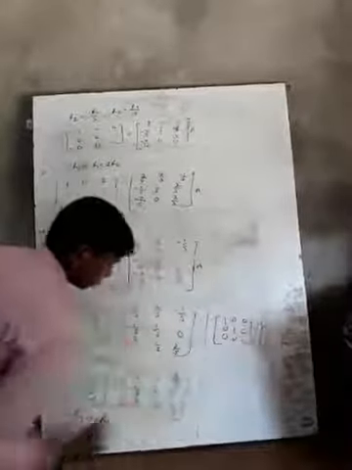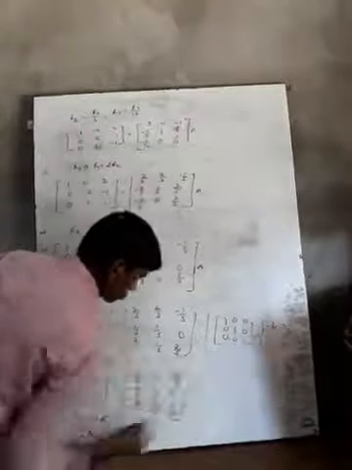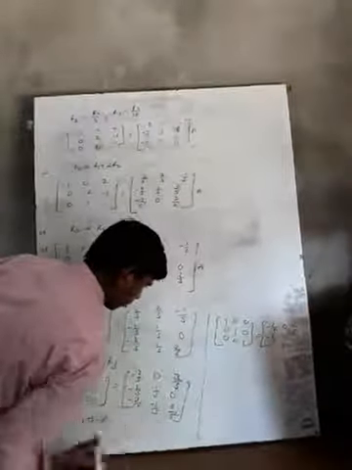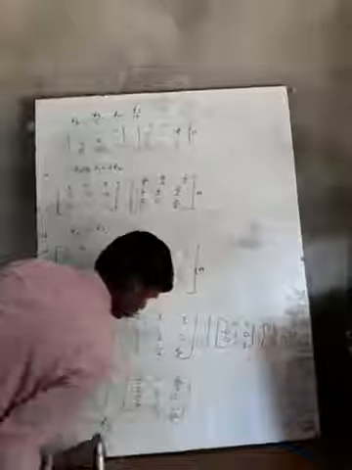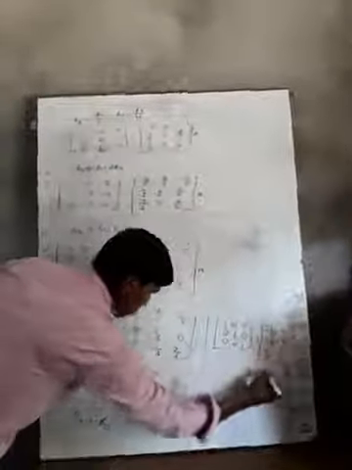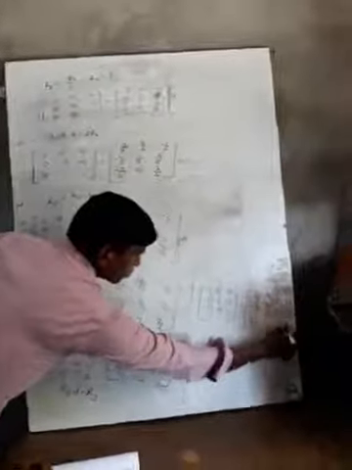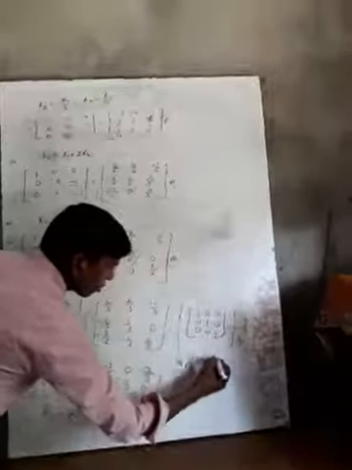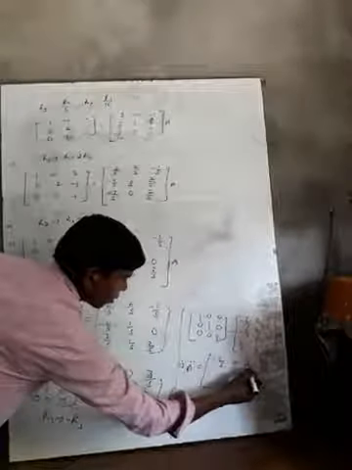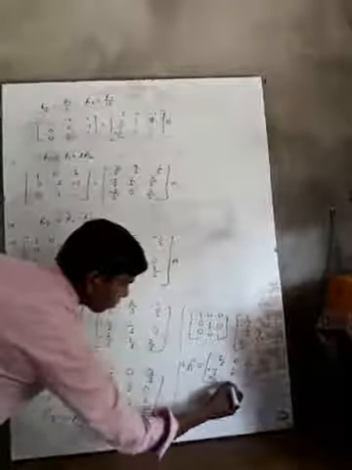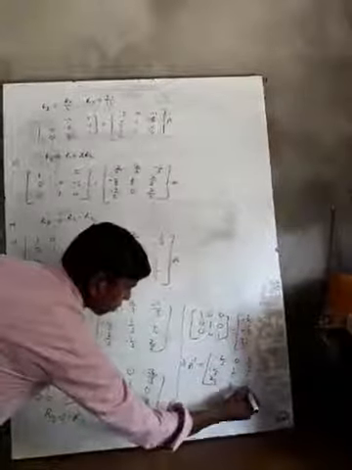Then that will change, so it can be written as minus 2 upon 5, 0, 3 upon 5, minus 1 upon 5, 1 upon 5, 0. Here the sign will change, so 2 upon 5, 1 upon 5 and 2 upon 5 with minus sign. This implies A inverse is equal to minus 2 upon 5, 0, 3 upon 5, minus 1 upon 5, 1 upon 5, 0, 2 upon 5, 1 upon 5 and minus 2 upon 5.